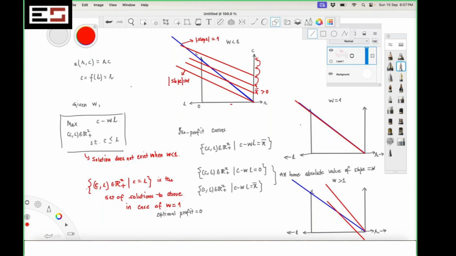So the profits are maximized at this point because this is the highest possible isoprofit curve that passes through the production function. Is that okay? So in case of W greater than 1, in case of W greater than 1 also, we have C equals L equals 0 as a solution.